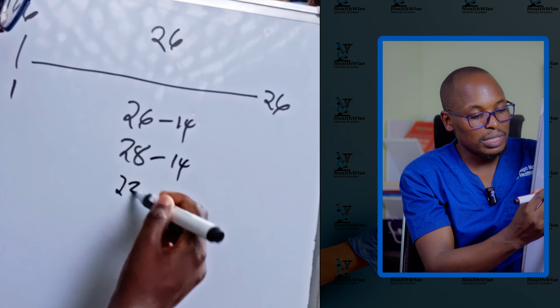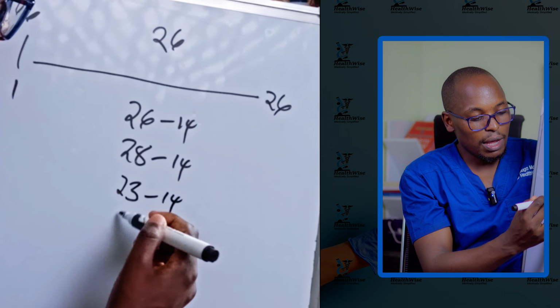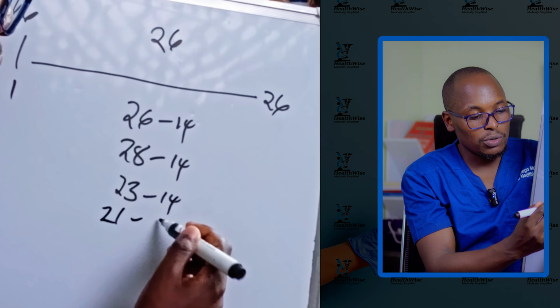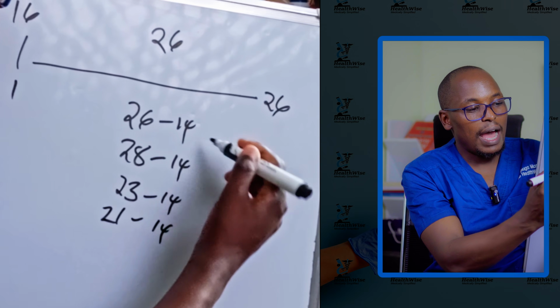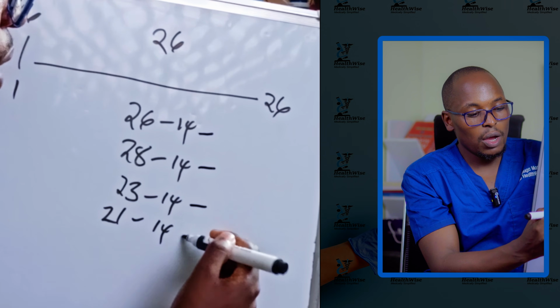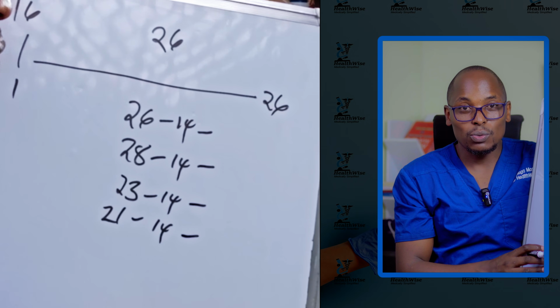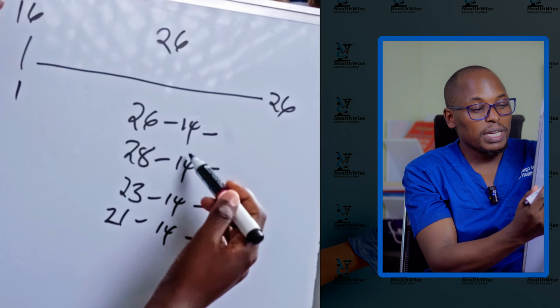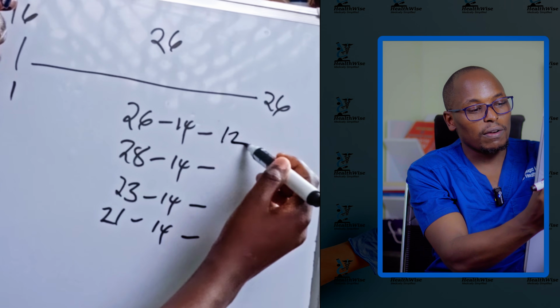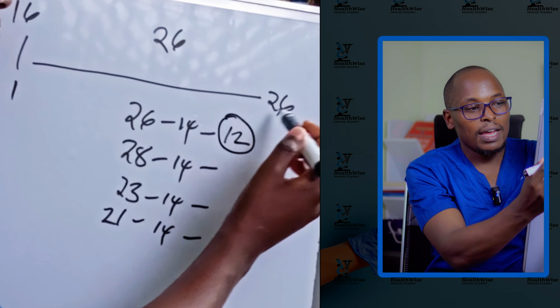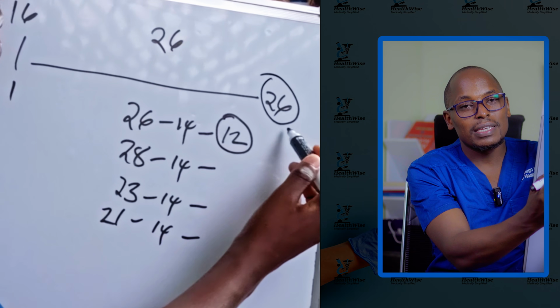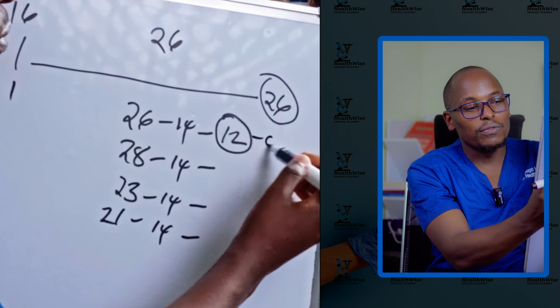If it's supposed to be 23, minus 14. If it's, let's say, 21, you minus 14. And this will give you when ovulation is about to happen or when ovulation is happening. So you minus 14 from 26 here, you get 12. This is around when a person with a 26-day cycle is going to have ovulation.